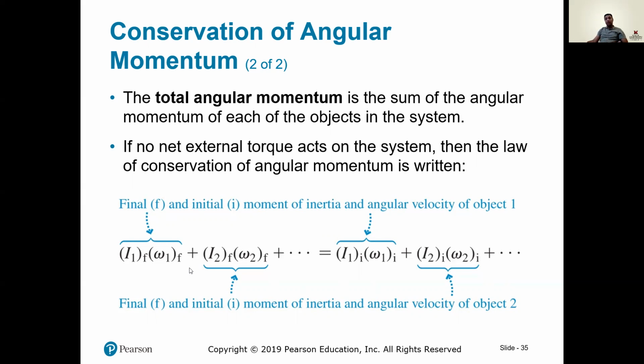So yes, there are examples in which you can see the moment of inertia changing, although it's not very common. But sometimes, even if you keep the moment of inertia fixed, you can still have the angular velocity changing, and that will give you a change of momentum.